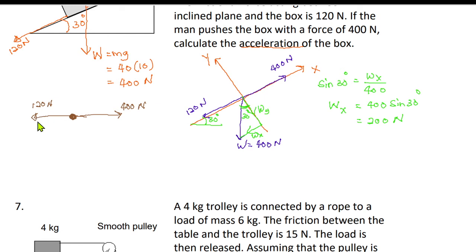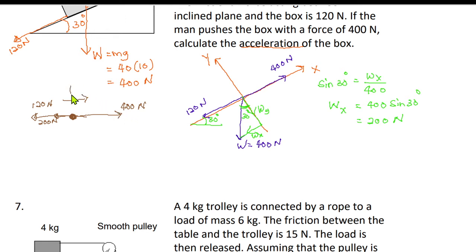So I have another one that is 200 Newton. This is another force going to the left. Now, this box, I know it is moving in the direction of my 400 Newton because the man is pushing the box, right? So the box must be moving toward the 400 Newton.